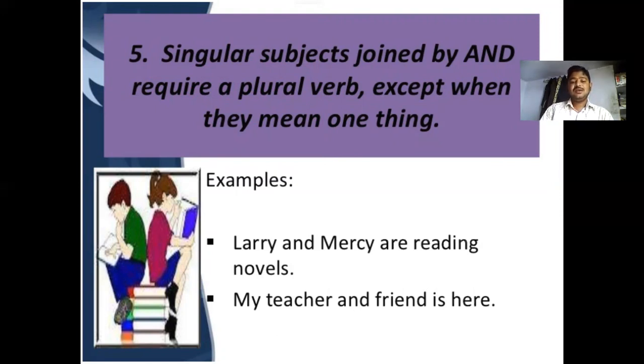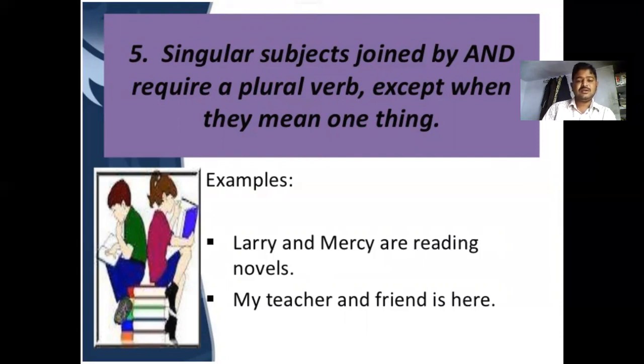Why? Because we are representing two names by adding and. A singular subject and a singular subject can be combined with the conjunction and, so they are plural in the sense of the concord of the verb form.